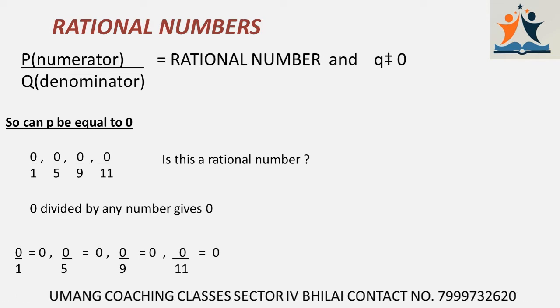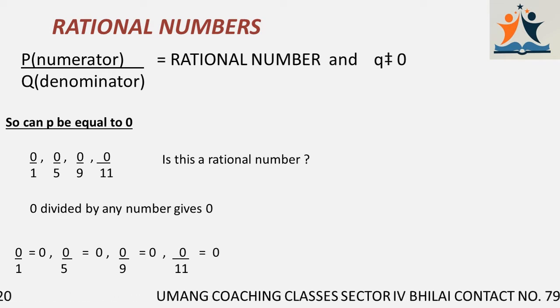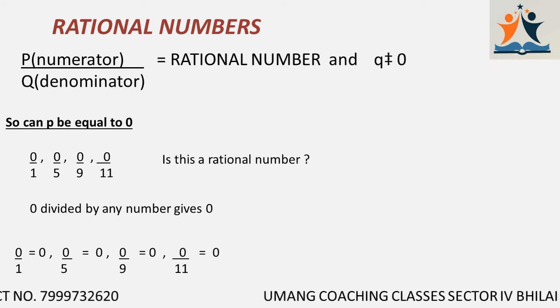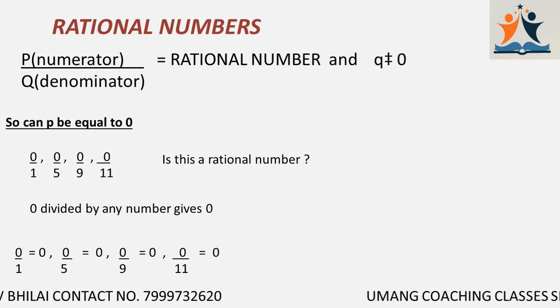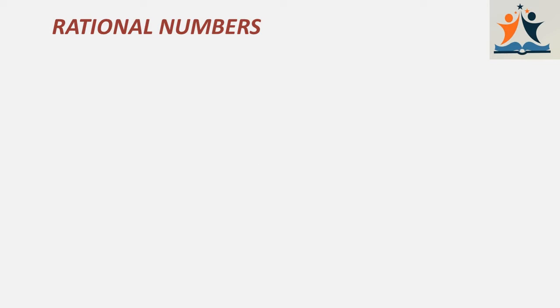So how does the definition clarify that q cannot be equal to 0? Many of you students might be thinking that q also can be 0. But now let's see why q cannot be equal to 0 for a rational number.